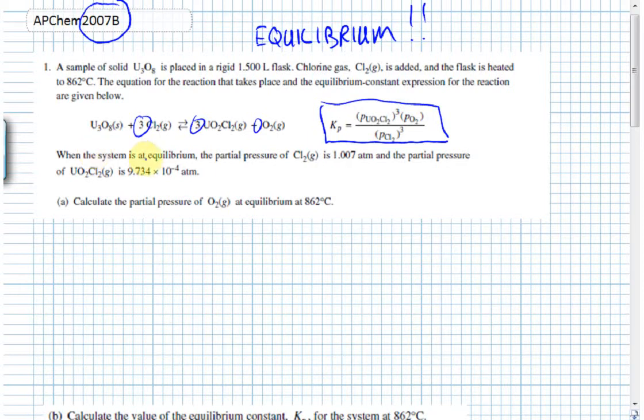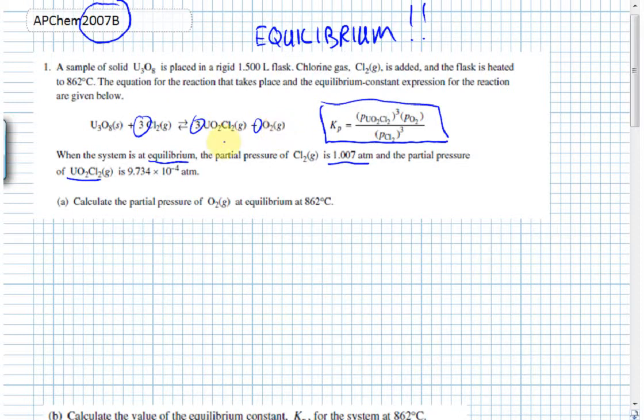All right, they tell us the system's at equilibrium. They give us the pressure of the Cl2. They give us the pressure of the UO2Cl2. The only one they don't give us the pressure of is the PO2. Notice the relationship: 3 moles of UO2Cl2 are produced for every 1 mole of O2.